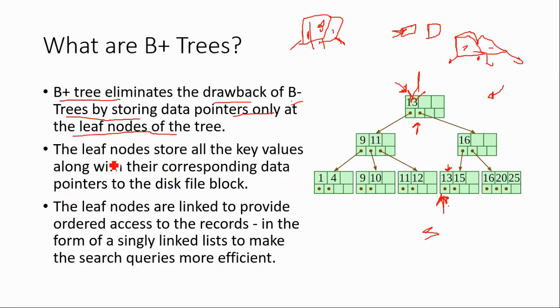So the leaf nodes store all key values along with their corresponding data pointers to the disk file. So leaf nodes will contain all the keys which are present in the tree, and along with that the corresponding data pointers will be there.